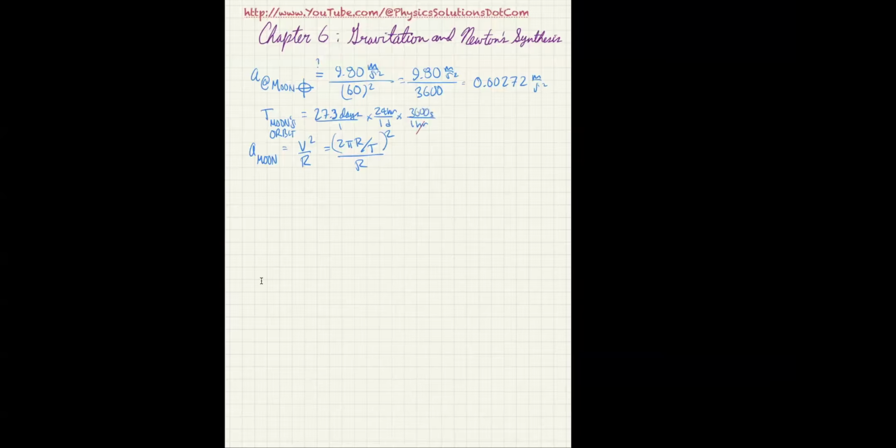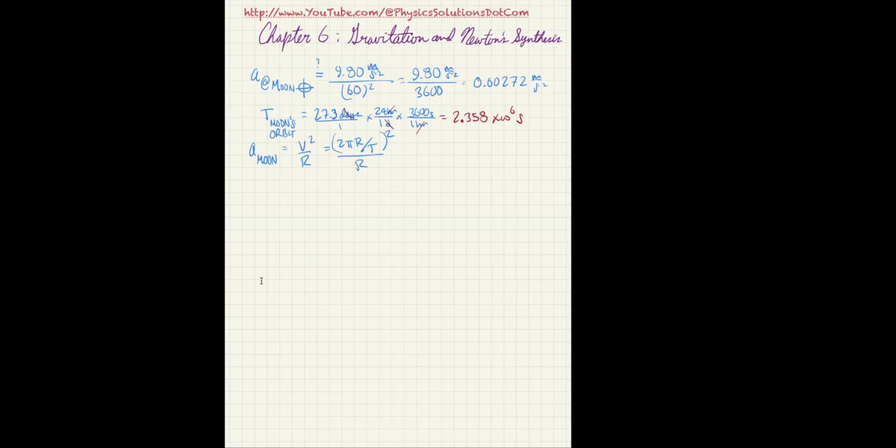Now you can see that the hour cancels out with the hour, the day cancels out with the day, and we're just left with seconds. And that gives us 27.3 times 24 times 3,600 gives me 2.358 times 10 to the 6th seconds. Okay, so that's roughly the period of the moon's orbit.